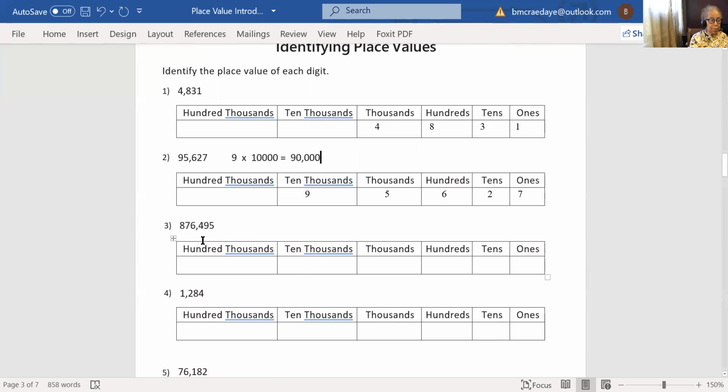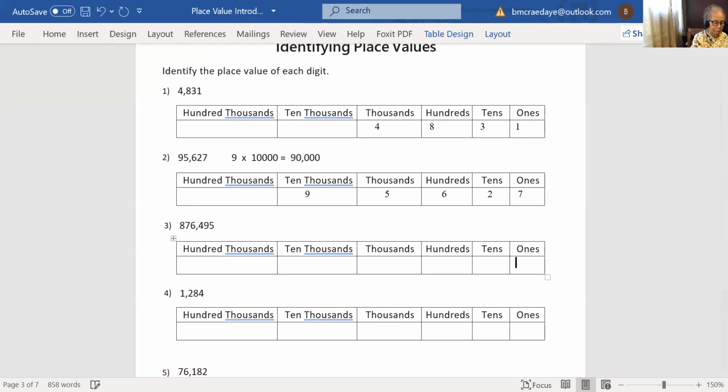Now let's do this one. The words for this number is 876,495. How many ones do we have? There's our ones, our tens, our hundreds, our thousands, our 10,000s, our 100,000s. So what digit there represents the ones? It's the 5.